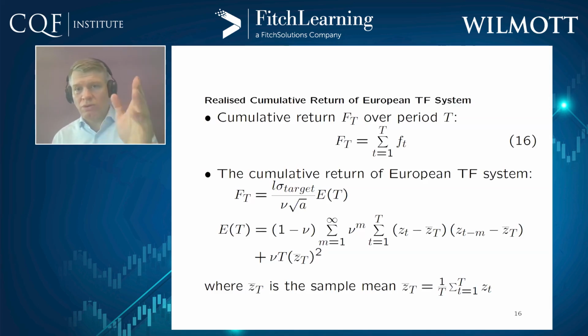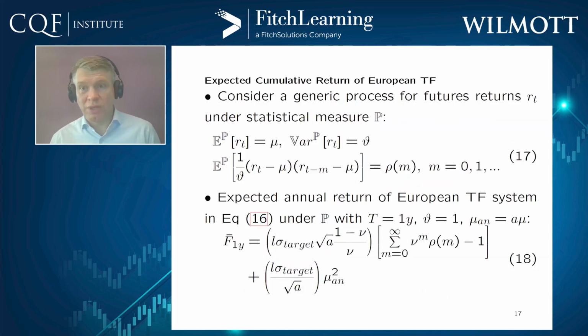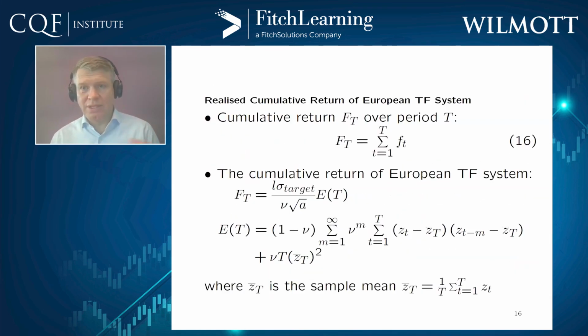It's really using this autocorrelation decomposition to compute actual returns. Now, what is the advantage? So now we have the formula, right? This is, let's say, the realized return.